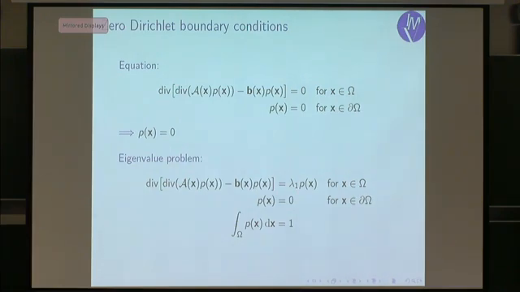If this eigenvalue lambda is small, then we may be quite certain that the probability density close to the boundary will be close to 0, and we are not committing big errors by these boundary conditions and by the choice of omega. So it is sort of a good indicator whether we are on the good side.